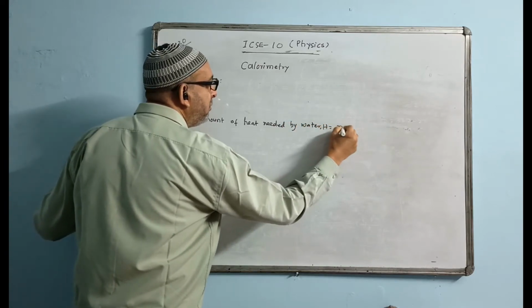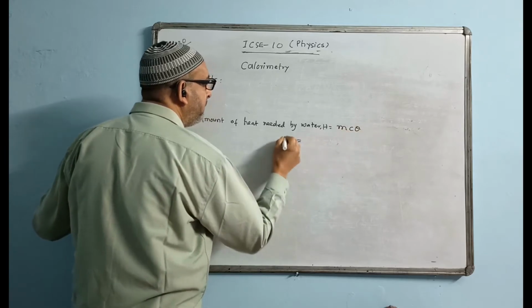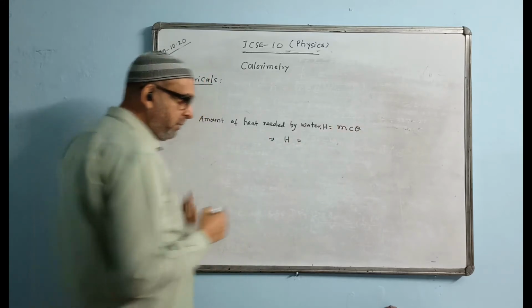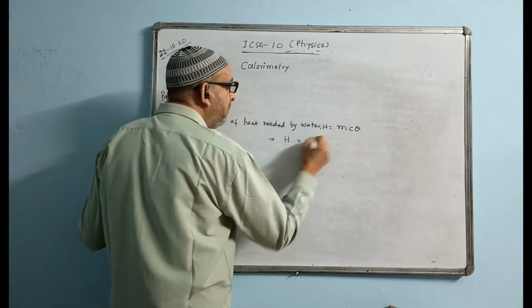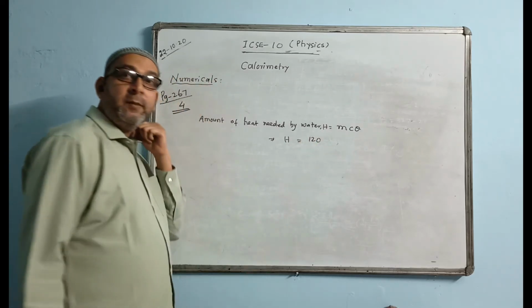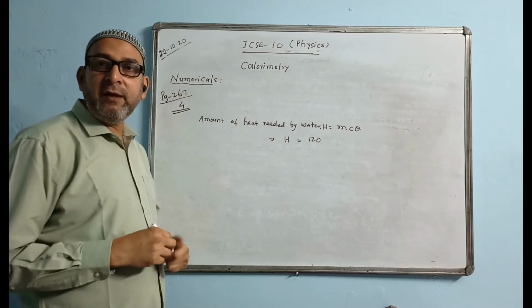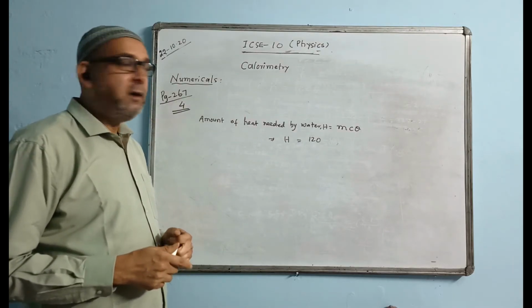It is H is equal to mc theta. That we are finding. Mass of water given 120. We write here 120, but this is given in gram. Whereas the value of SHC is given in terms of kg wise. You can see the value.